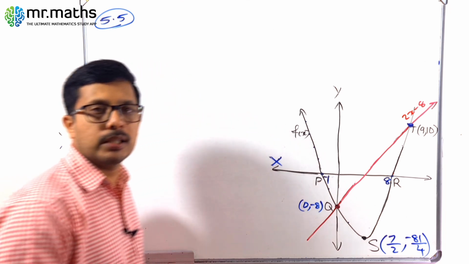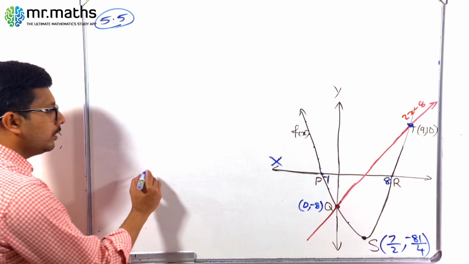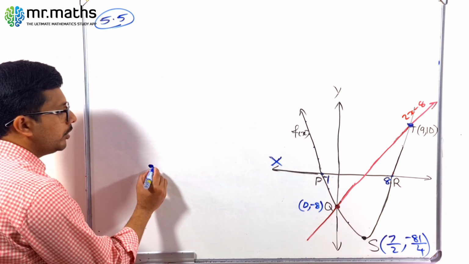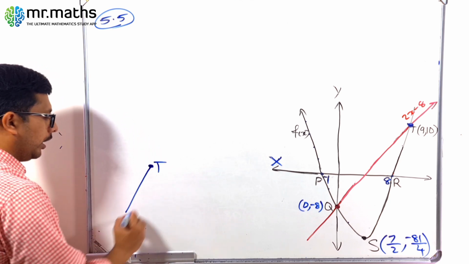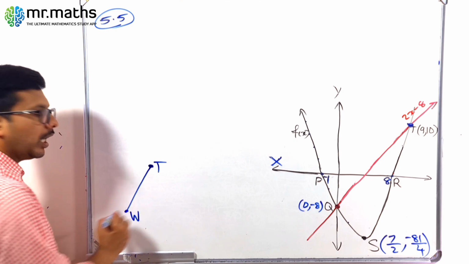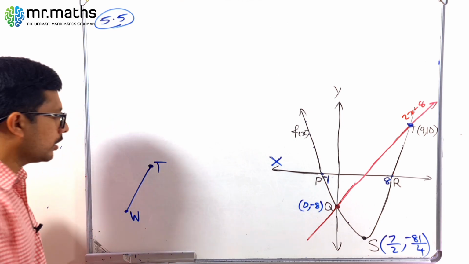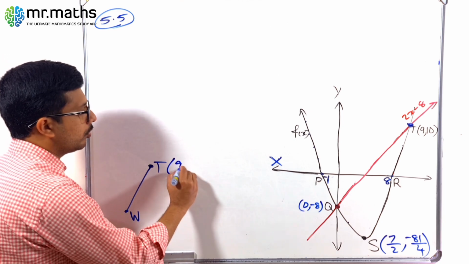They are saying that you have to find the average gradient between T and W. What is the coordinate of T? 9, 10.